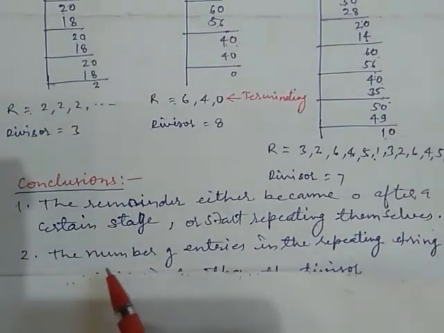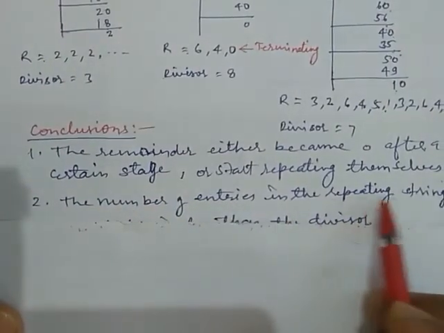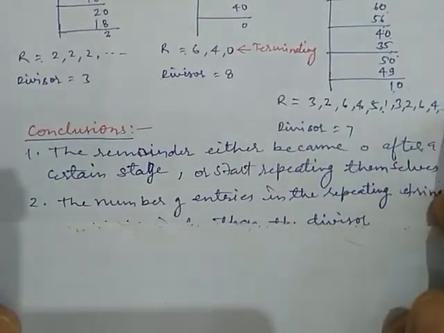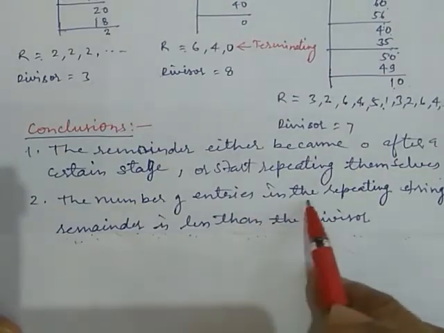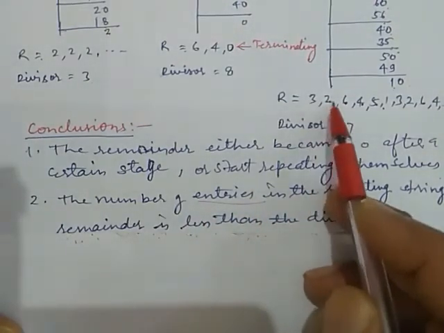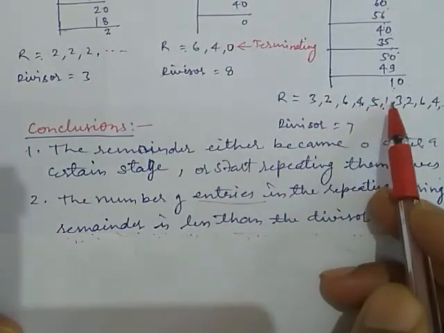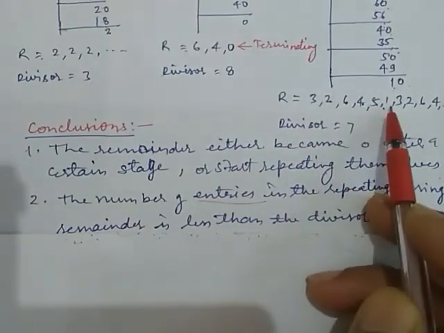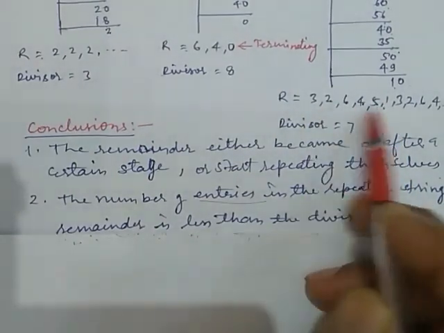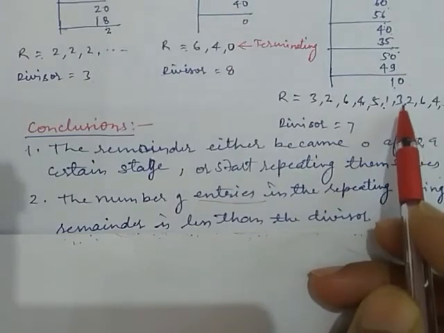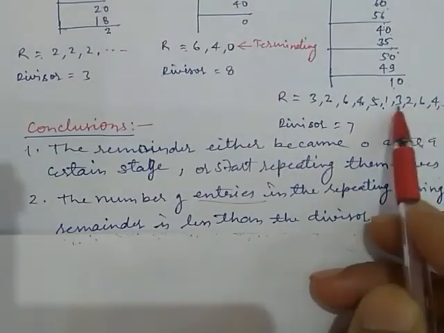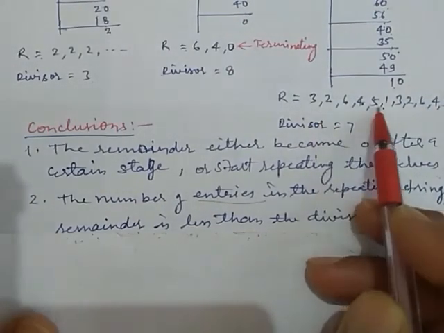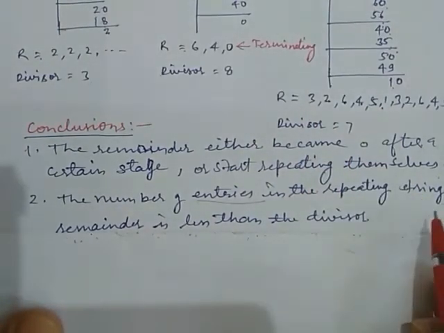Now the number of entries in the repeating string. This is the repeating string. The number of entries, that is 1, 2, 3, 4, 5, 1. These are six numbers, 6 numbers, and again 3, 2, 6, 4, 5, 1. These are also 6. The repeating string contains 6 digits.